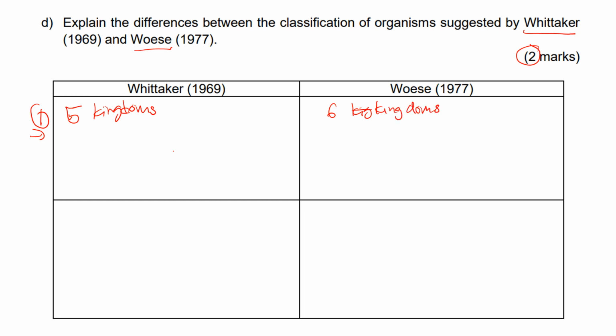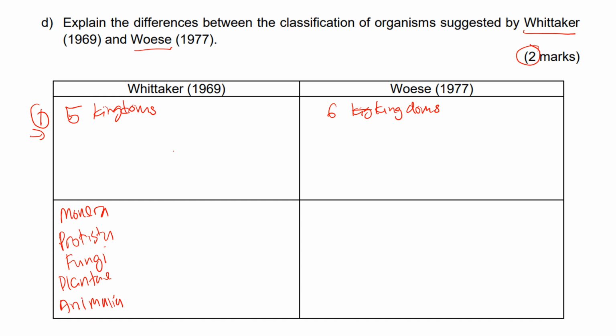The 5 kingdoms which were proposed by Whittaker are the Monera, then the Protista, fungi, plantae, and Animalia.